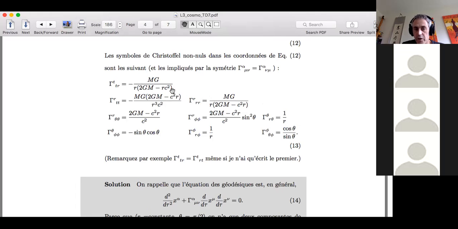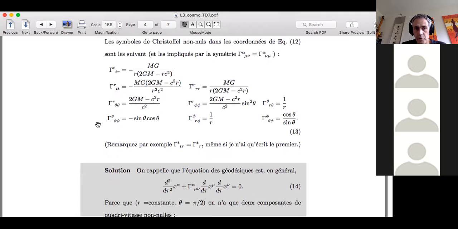I expect you to know how to calculate these things from the metric, but on an exam I would typically give these to you, or I might ask you to calculate one of them just to show that you know how to do it. But there's just too many of them to make an exam question out of. Find all the Christoffel symbols of Schwarzschild or something. It's just too much work.